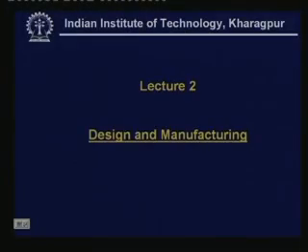In the case of design, when we want to make the final design, one has to give a shape to the machine element, and for that you require some ideas of manufacturing, as I have already told you.